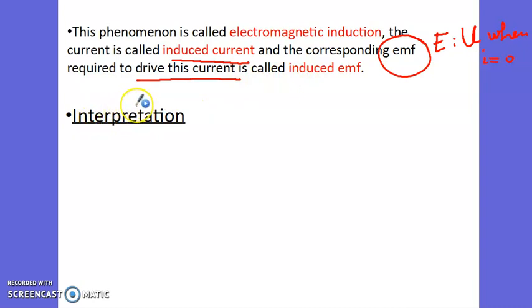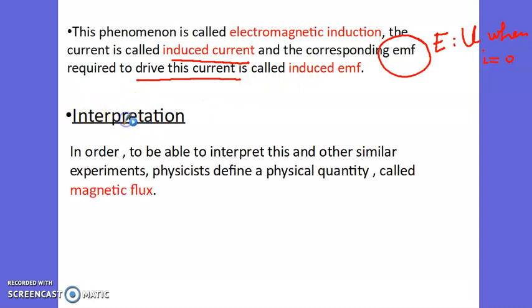Now, interpretation. In order to be able to interpret this and other similar experiments, physicists defined a physical quantity called what? Magnetic flux. But what is a magnetic flux?